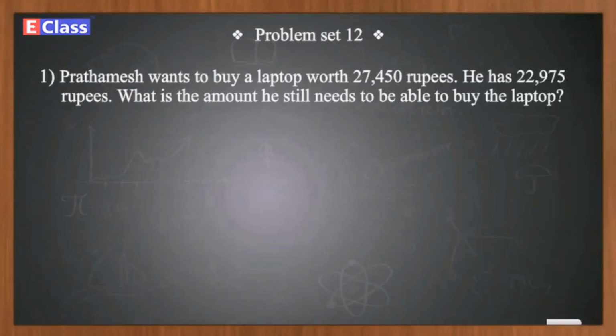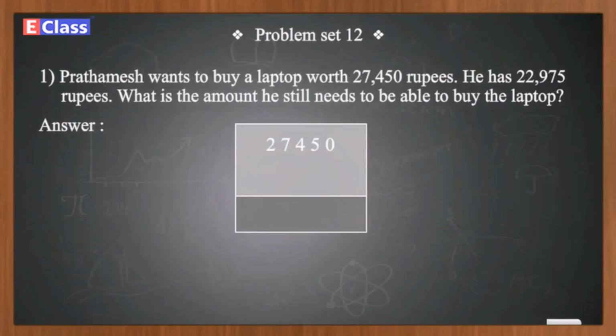Now, let's solve problem set 12. 1. Prathamesh wants to buy a laptop worth 27,450 rupees. He has 22,975 rupees. What is the amount he still needs to be able to buy the laptop? Answer. To get the answer of this problem, we have to subtract 22,975 from 27,450.